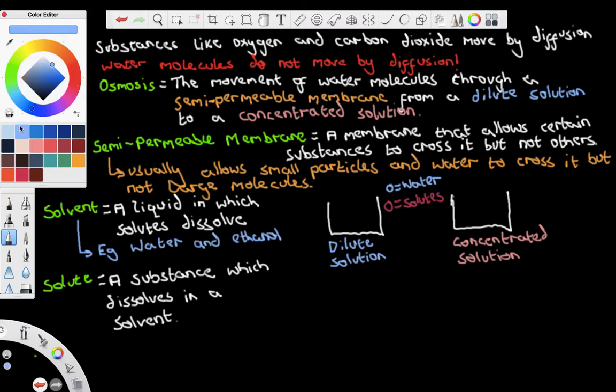Now in a dilute solution, you will always have more water particles than you will solutes. So I've drawn 1, 2, 3, 4, 5, 6, and we can draw some solutes in 1, 2, 3. On the other hand, in a concentrated solution, you will have more solutes than you will solvents. So I've drawn 1, 2, 3, 4, 5, 6. So I'm going to draw 1, 2, 3 water particles.